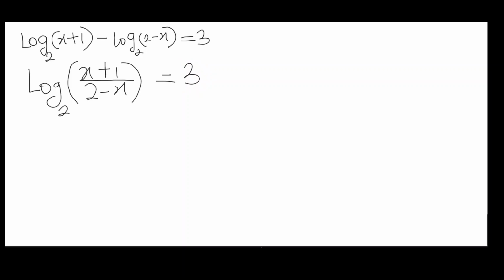Now, how do we make 3 a logarithm? We can write it as log base 2, because the base we are looking at in this question is base 2. Then I write 2 as the argument, with 3 as the power of this 2.